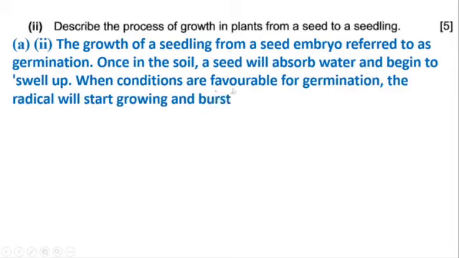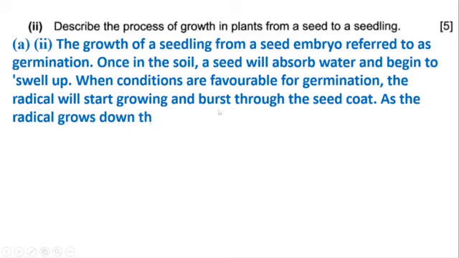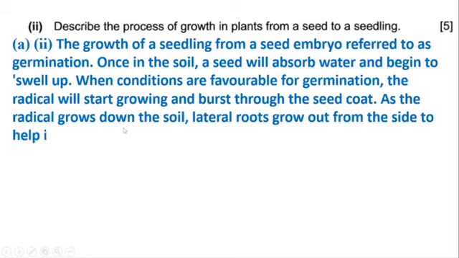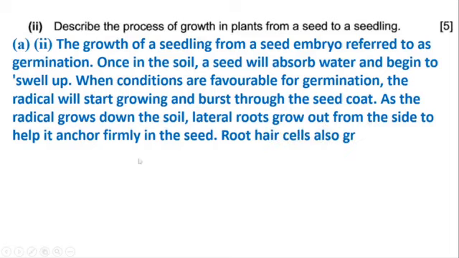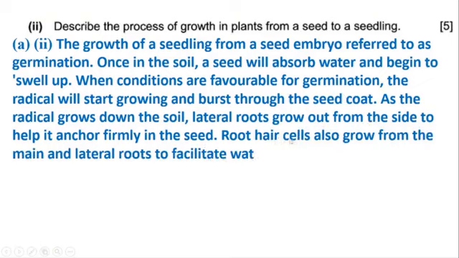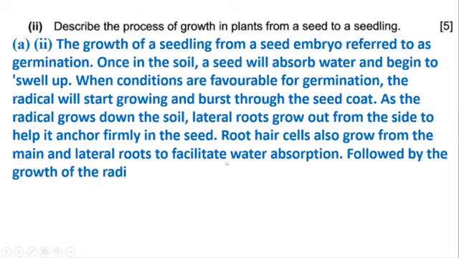When conditions are favorable for germination, the radicle will start growing and burst through the seed coat. As the radicle grows down the soil, lateral roots grow out from the side to help it anchor firmly in the soil. Root hair cells also grow from the main and lateral roots to facilitate water absorption.